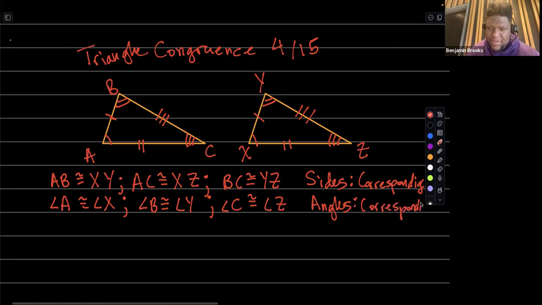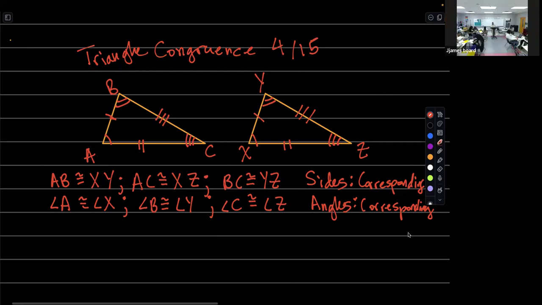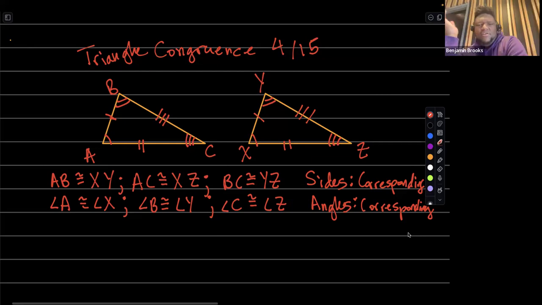All corresponding means is that they sit in the same place. If they are corresponding sides, then that means the sides correspond. If they have corresponding angles, that means the angles are the same measurement. Okay.